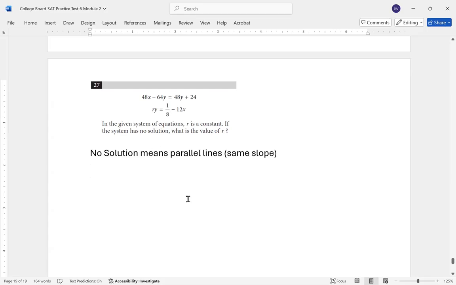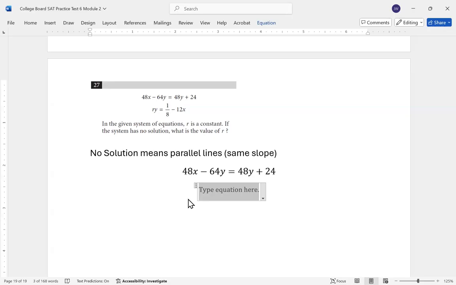So I'm going to take the first line and I'm going to rewrite it so that it looks a little bit clearer. And in particular, when I take that first line, 48x minus 64y, I'm going to put this line into slope-intercept form so I can easily see the slope.